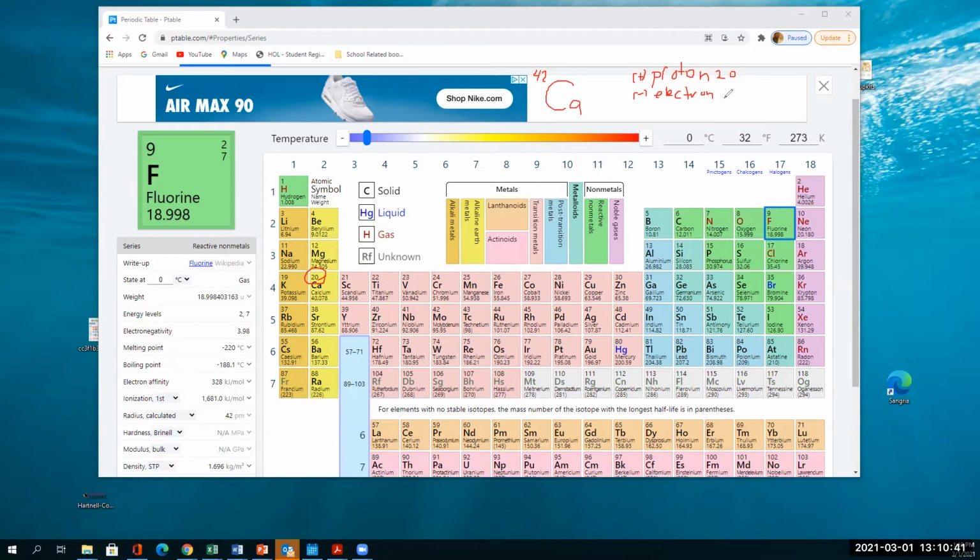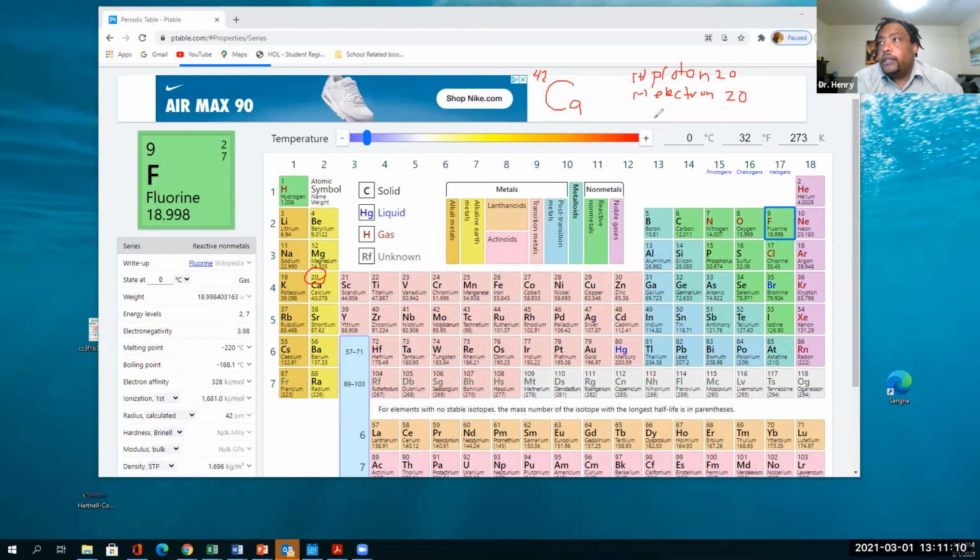I'm so confused. Okay, so if I have 20 plus charges, how many negative charges must I have for it to equal 0? 20? That is correct. So I need 20 electrons because electrons are negative, protons are positive. Okay, so then that tells me how many electrons.